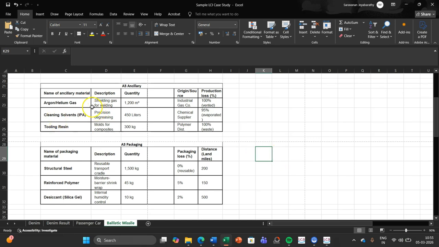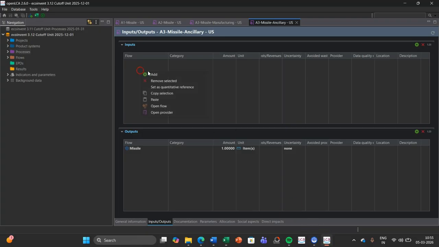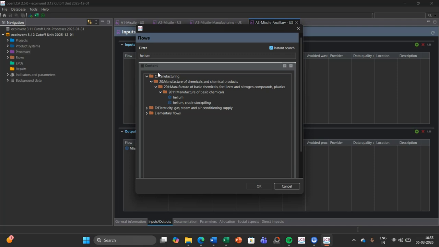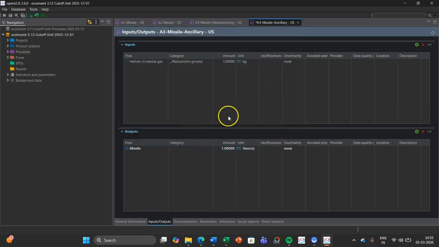Okay, so here what are the ancillary materials? Helium gas or argon gas. So they are putting helium gas. So helium as a product is there, but still, okay, helium in natural gas as an elementary resource.